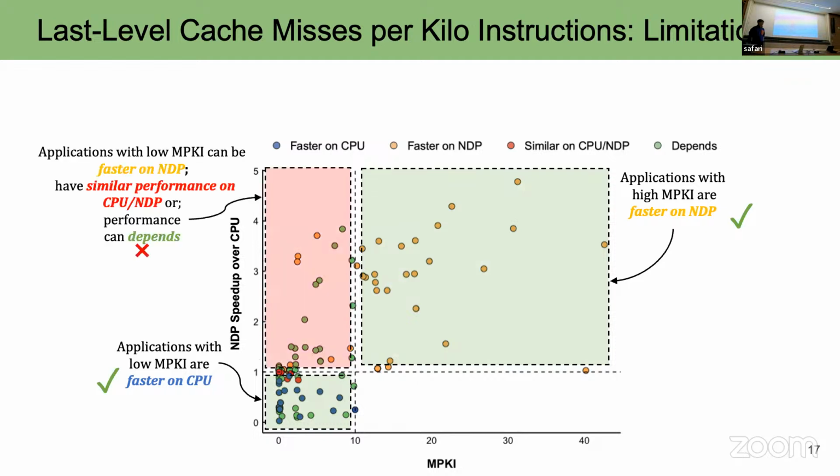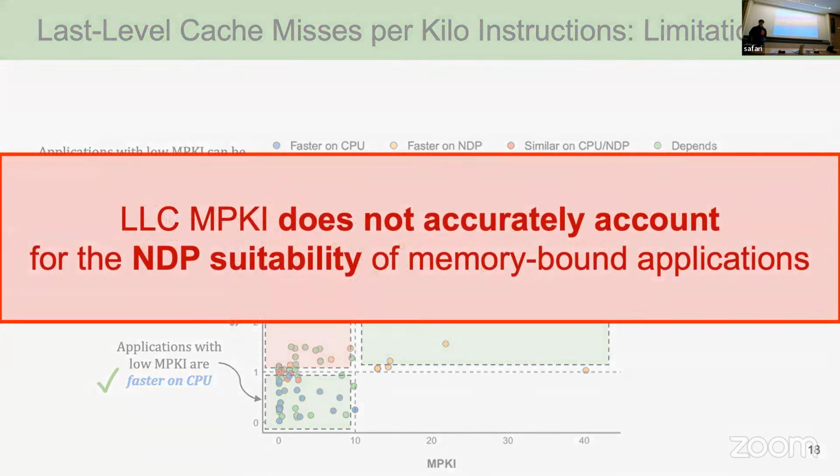But again, we find that there is a region which wrongly classifies the applications. So we again conclude that last level cache misses per kilo instructions do not accurately account for the NDP suitability of memory-bound applications.